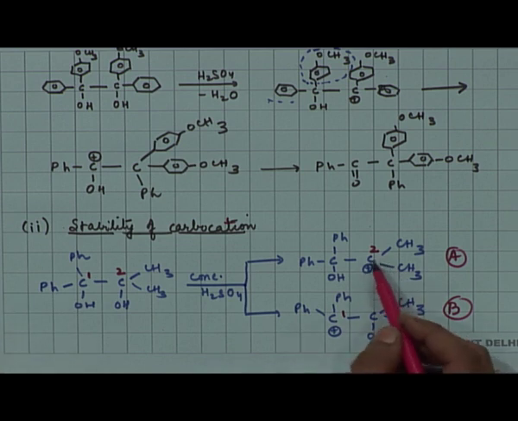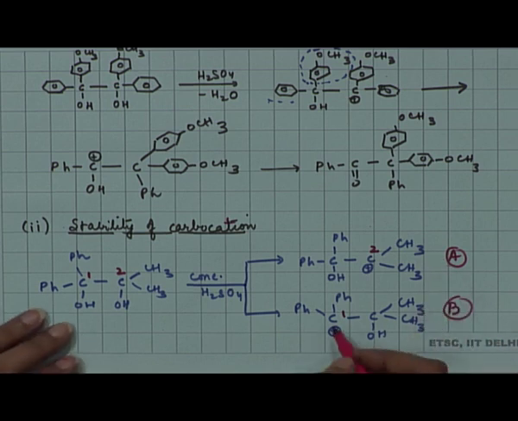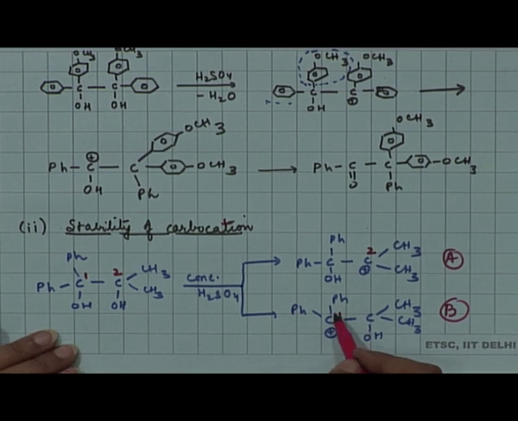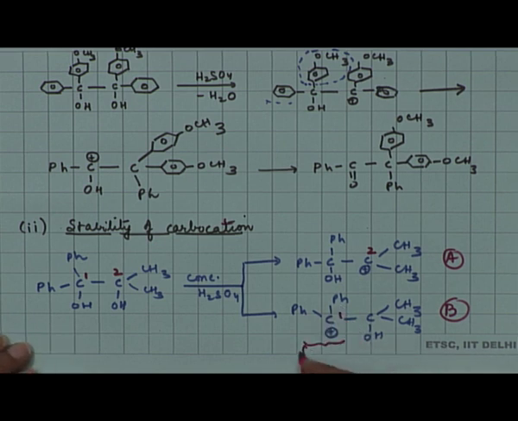So, when you look at structure A and structure B, in structure B the positive charge is on a carbon which is attached to two phenyl groups, and therefore, there is more charge delocalization on the two benzene rings, and this will be formed preferentially.